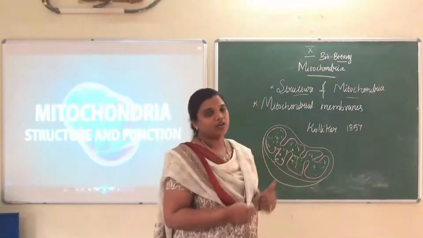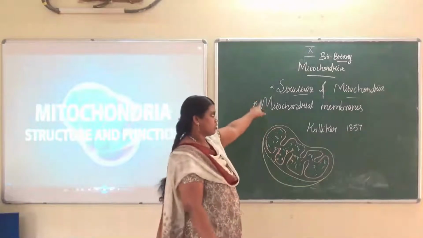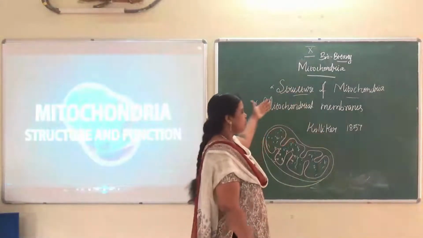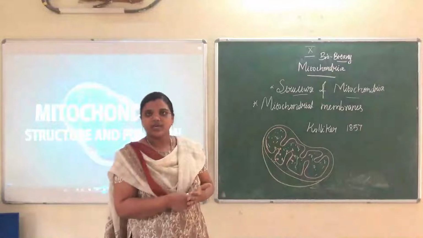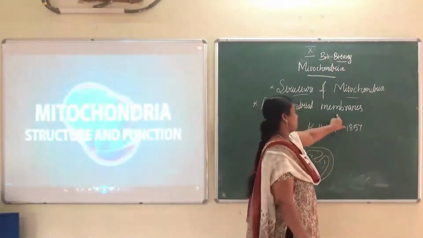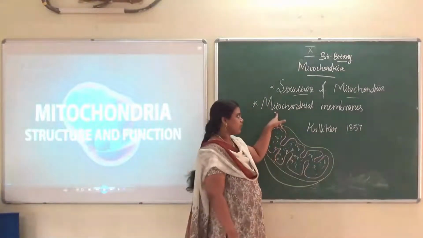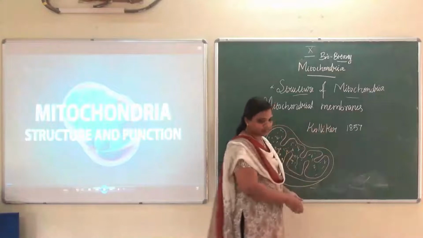Second, the structure of mitochondria. The mitochondrial structure has three subdivisions. First one is the mitochondrial membrane.